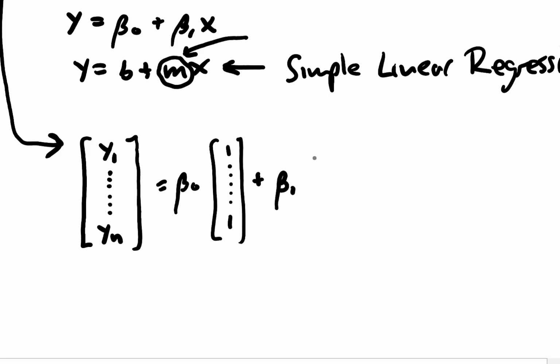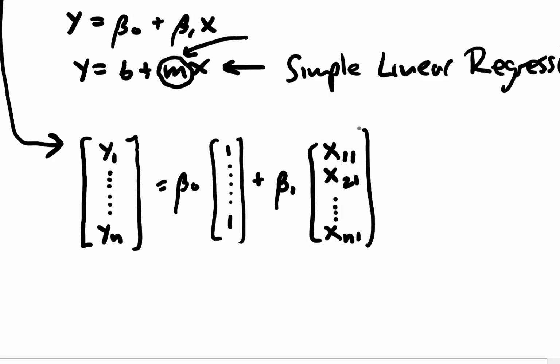Plus beta 1 times x11, and so on. If we're looking at housing data, these x's might represent number of rooms, so we have the number of rooms for our first observation and the number of rooms for our second observation, and so on to n observations that we have.